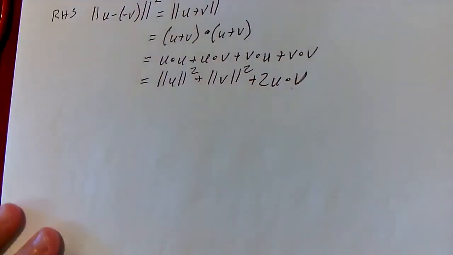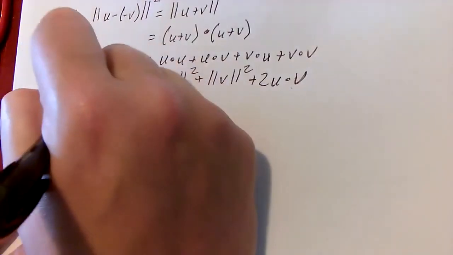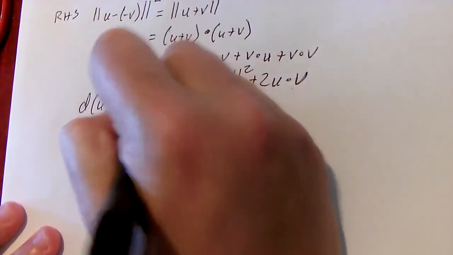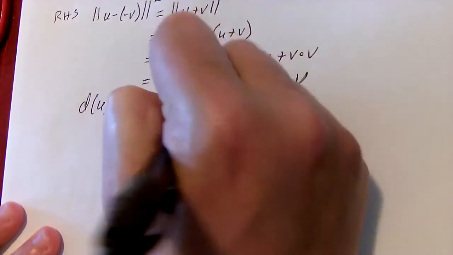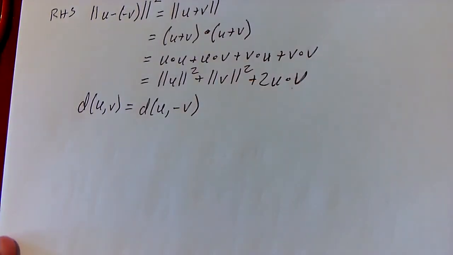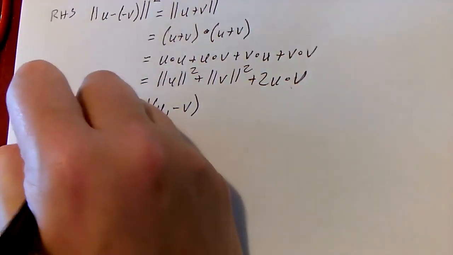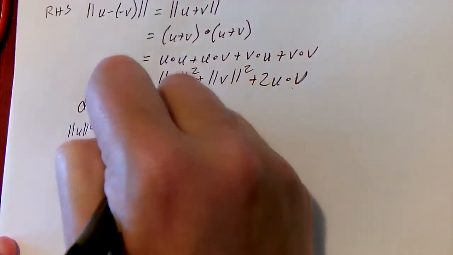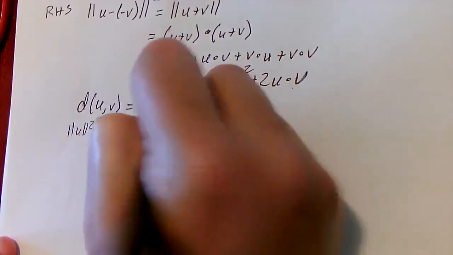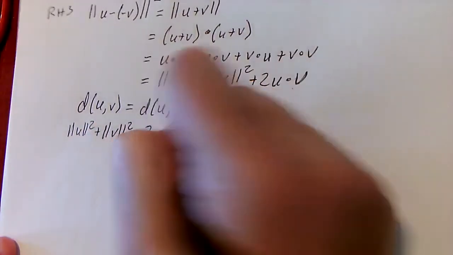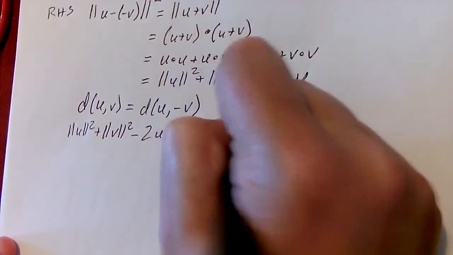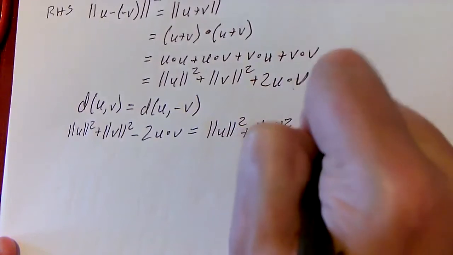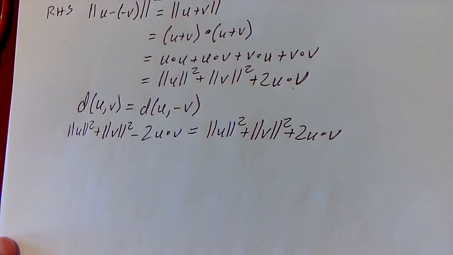So let's write our conclusion of what we have here. We have u to v is equal to u to negative v. We said that's what we needed. And when I do that, I get the norm of u squared plus the norm of v squared minus 2 u dot v, or v dot u, either order, is equal to the norm of u squared plus the norm of v squared plus 2 u dot v.